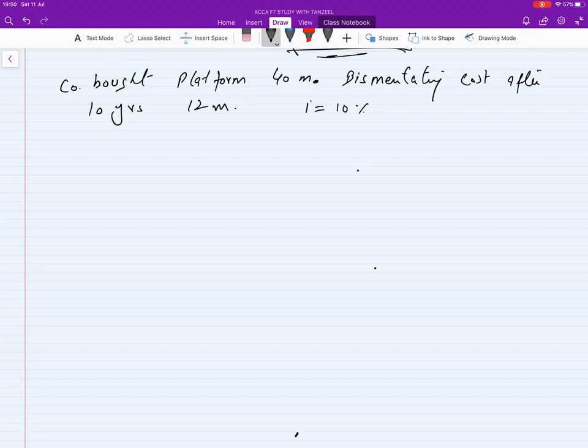After 10 years you need to dismantle it, so the dismantling cost after 10 years will be 12 million, and the discount rate is 10%. So let's do this for year 1, after 10 years.